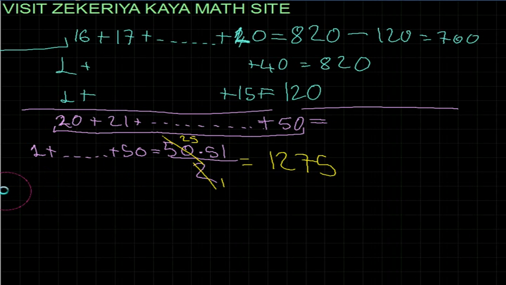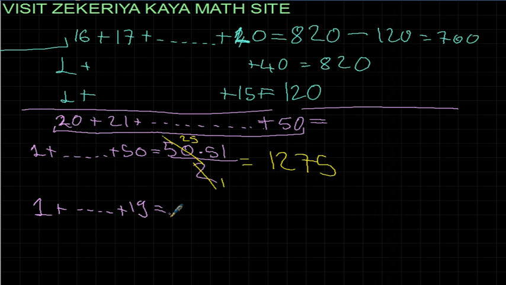Let's write it one step down. From 1 until 19. Because I cannot write the number 20 here, because the number 20 is included in the question. Before 20, so the previous part ends with 19.